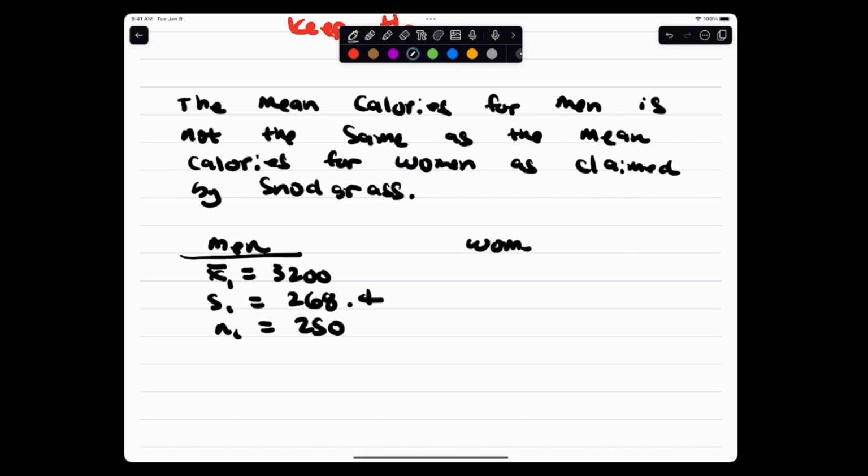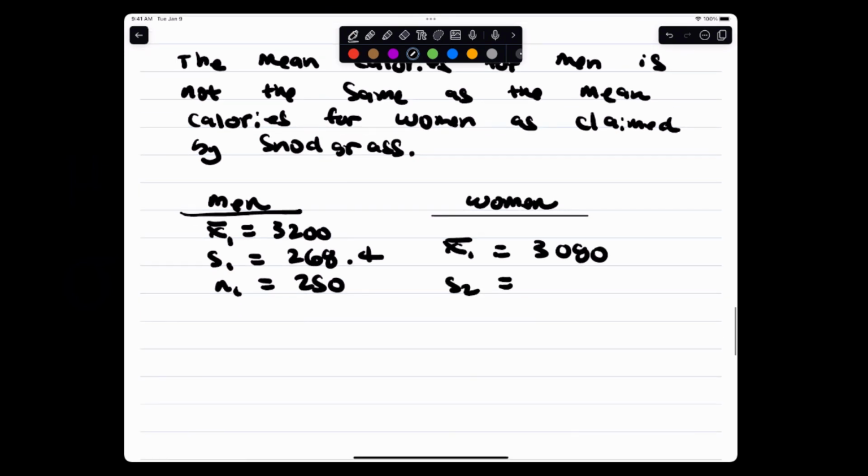Now for women, we're going to compare. We're going to say, okay, ladies, sample mean of calories is let's say 3,080. Sample standard deviation is 236.8. And the sample size here will be 300, okay?